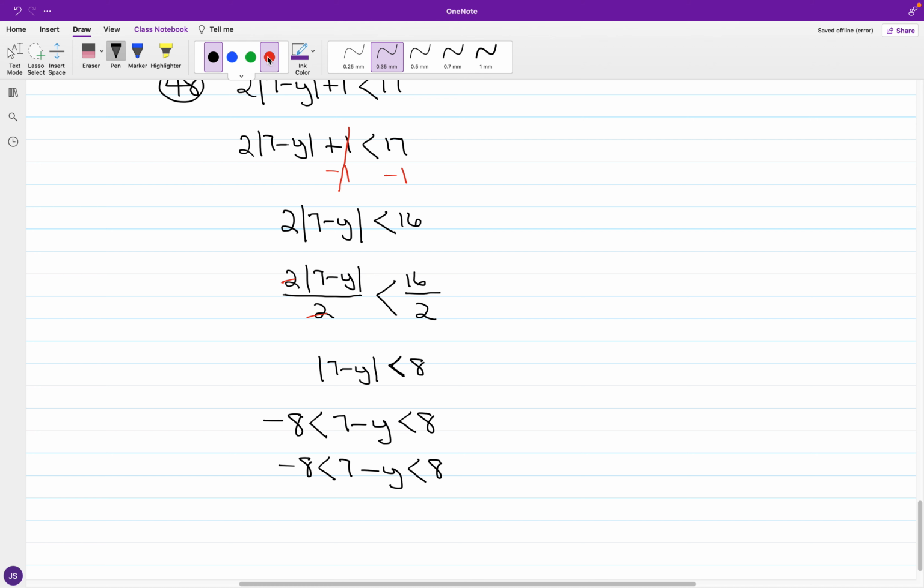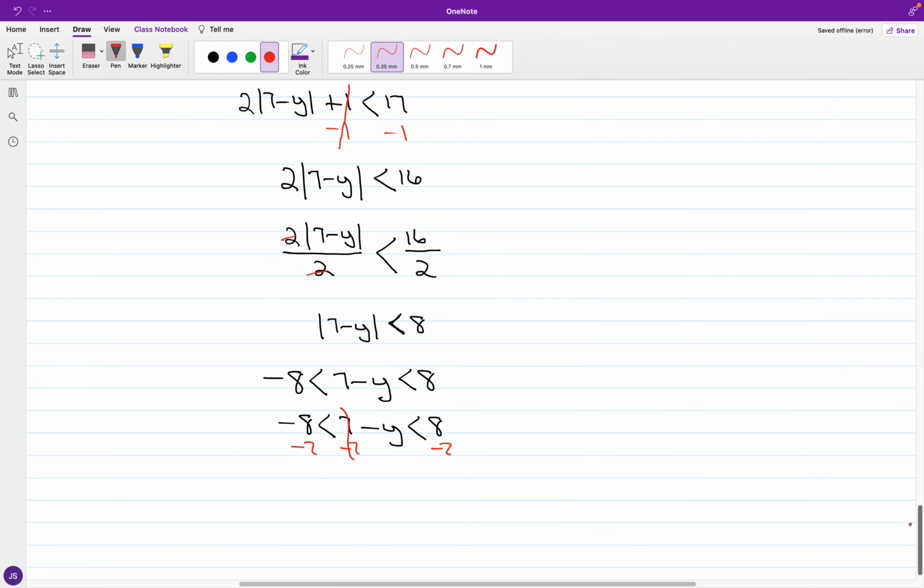What we can do here is take care of the 7. Now we have negative 8 and negative 7 combining, and we come out to negative 15. We have negative 15 is less than negative y. And 8 minus 7 is 1.